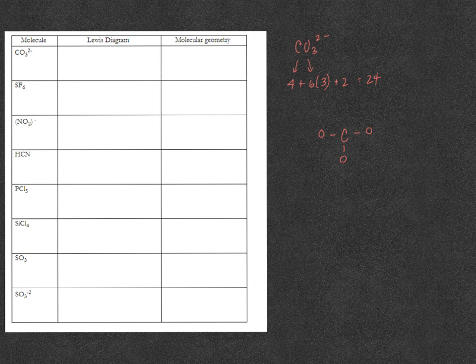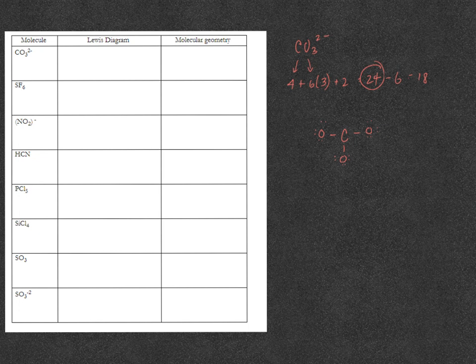So now this number is the total number of electrons that I'm allowed to use in bonds and lone pairs. I have used up 6 electrons, 2, 4, 6. So I subtract 6 from the 24. I have 18 more electrons to distribute as lone pairs. So I do 2, 4, 6, 8, 10, 12, 14, 16, 18, stop.